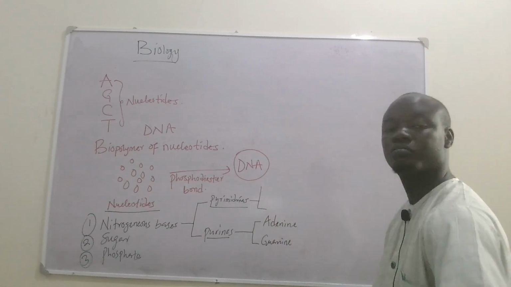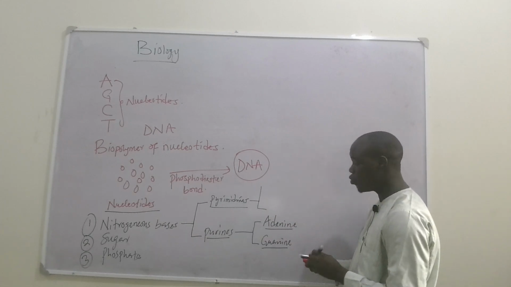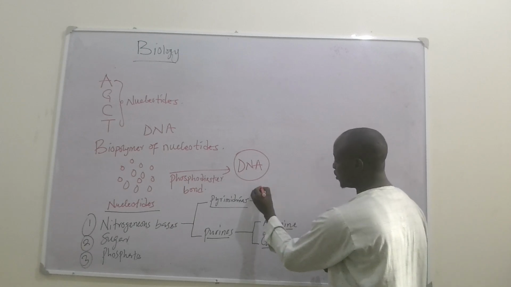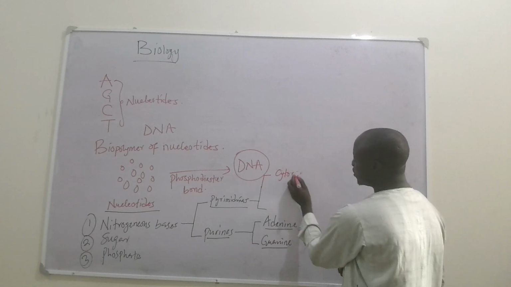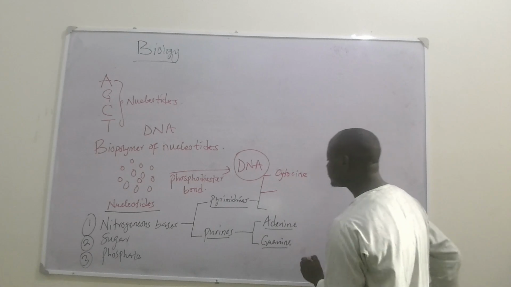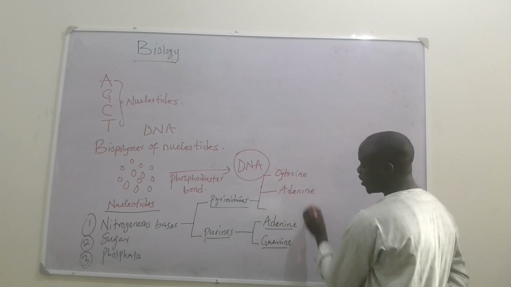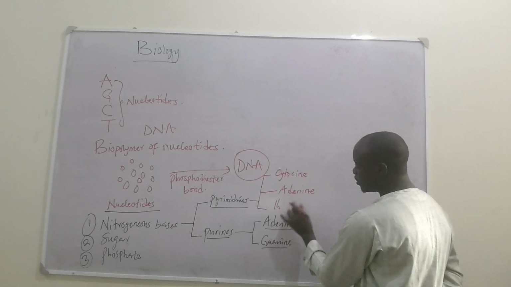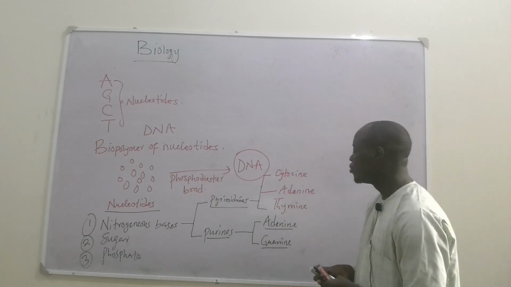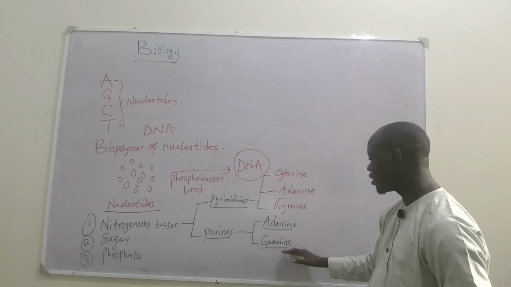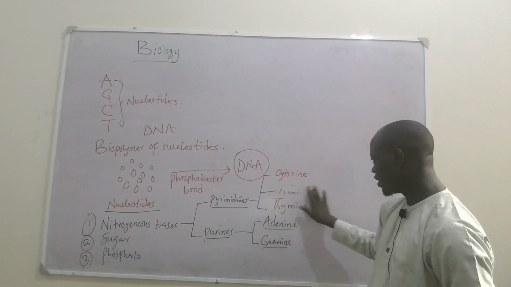Adenine and guanine are the purines, while for pyrimidines, we have three: cytosine, and then finally thymine. So purines, we have adenine and guanine, and pyrimidines, we have three. We have cytosine.